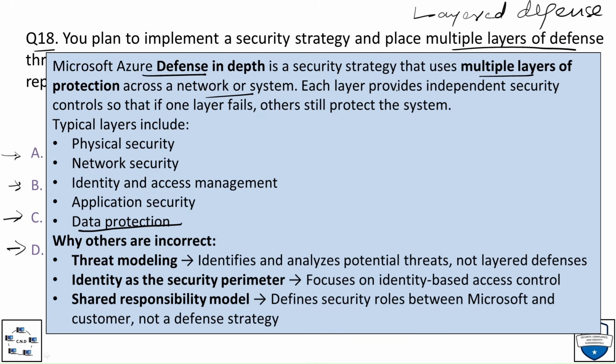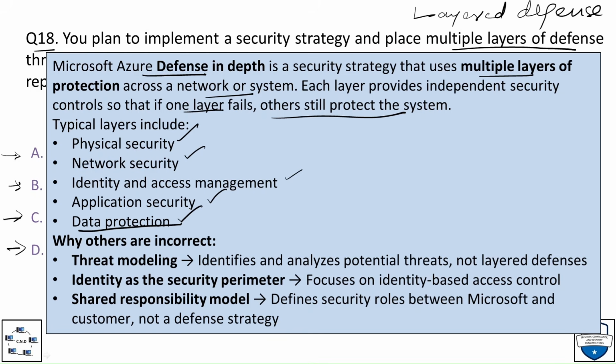Each layer provides independent security controls so that if one layer fails, other layers can still protect the system. Typical layers include physical security, network security, identity and access management, application security, and data protection.